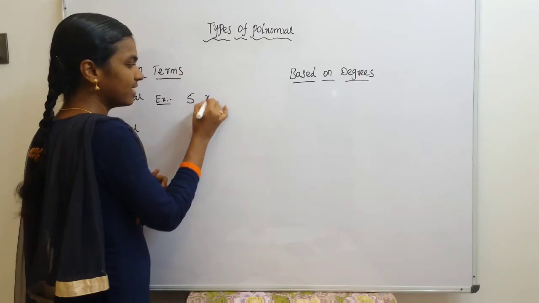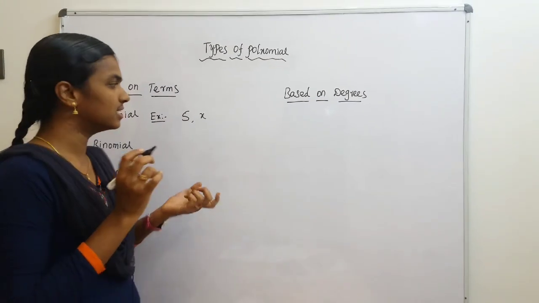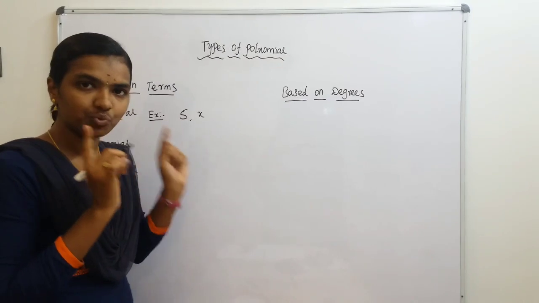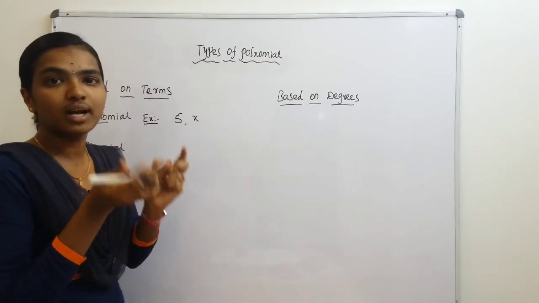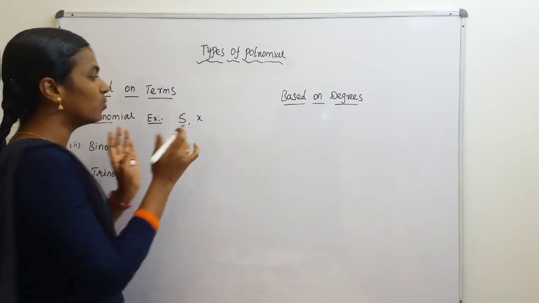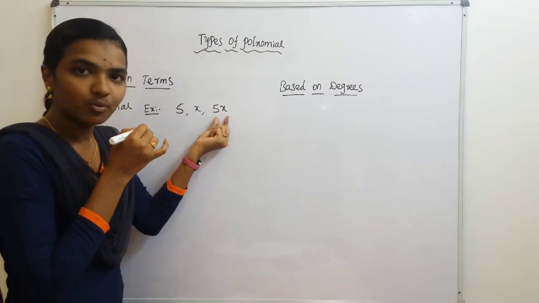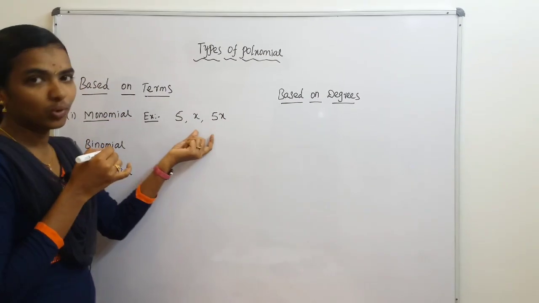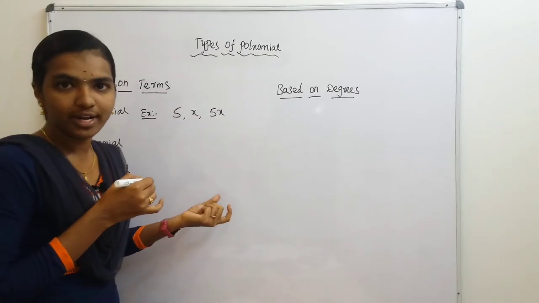You can take any variable like x, y, z, or a, b, c, any letter; that is also only one term. A constant combined with a variable is also one term, for example 5x. So these are monomials. You need to understand the different kinds of polynomial.